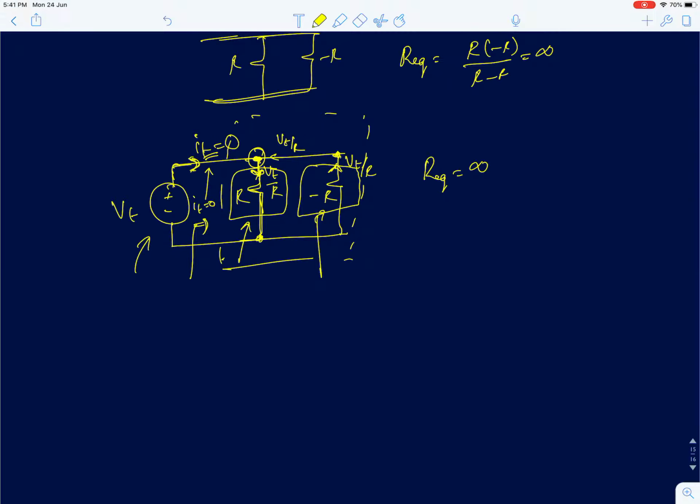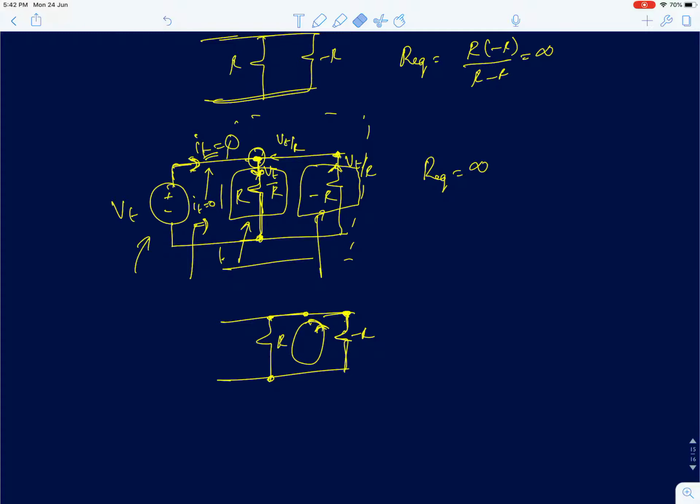You have a resistance and a resistance of value minus R, and they can sustain themselves. If you apply some voltage and leave it, a negative resistance can actually sustain current in this loop.